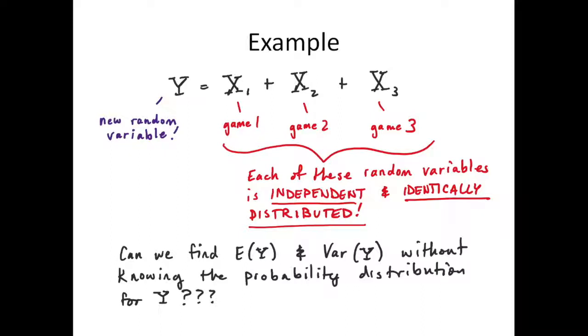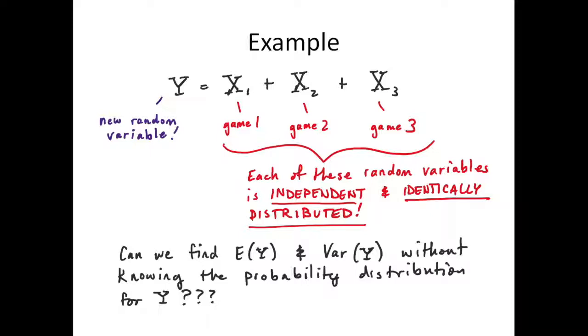So the idea here is that I want to play the game 3 times and add up the results. So what I need to do here is define a new random variable, we'll call it y, and what I will do is make that the sum of x sub 1 plus x sub 2 plus x sub 3, where the subscripts denote the gains, and each of these random variables is independent.